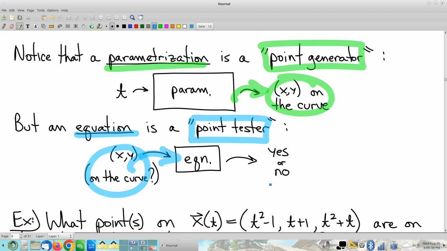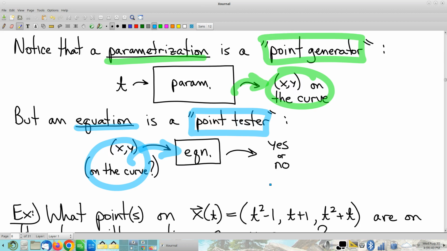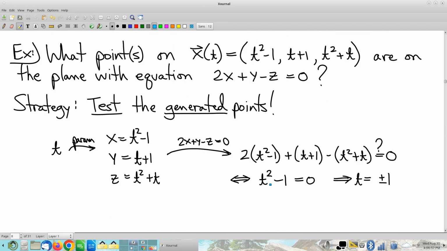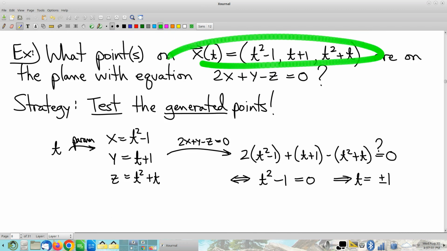Okay, the other reason I want to point this out is that you can see how the Legos fit together in a sense. A parameterization produces points. Those points, conceivably, you could test with the equation, and that's exactly how we're going to deal with this question. We have a parametric curve.